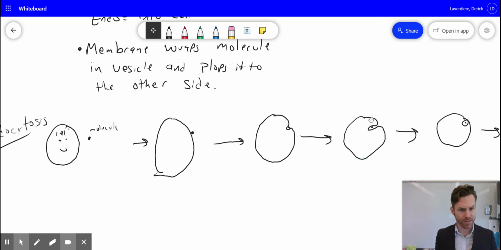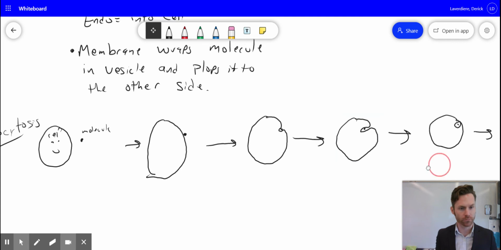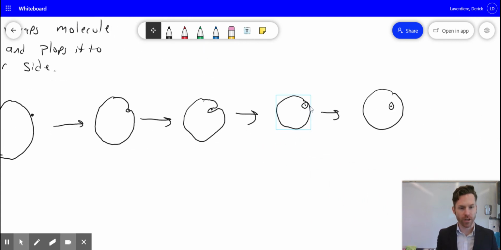It starts surrounding the molecule, so the membrane is now extending out and surrounding it. That little invagination pinches shut, so now I'm completely surrounding the molecule in membrane. Then that membrane bubble pops off, and now I have a vesicle, which is a membrane bubble, holding that molecule, and it's inside my cell.